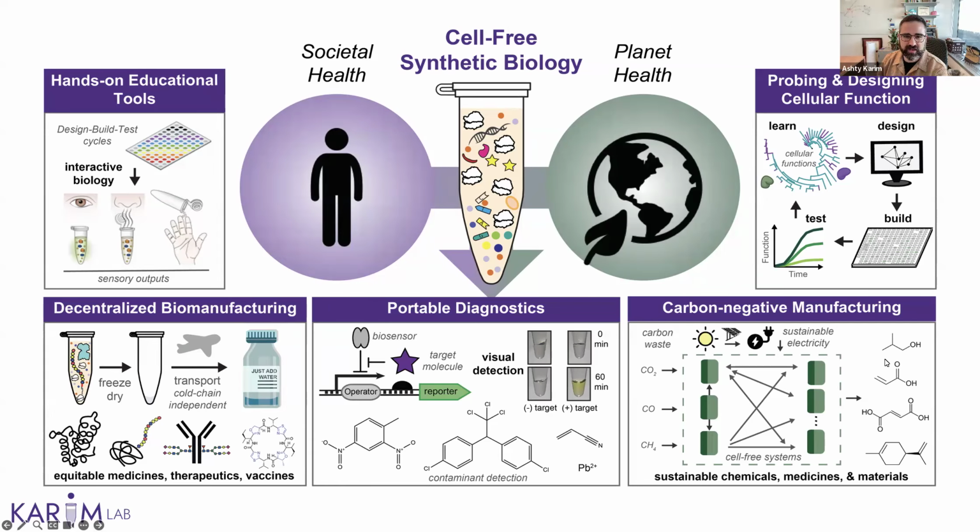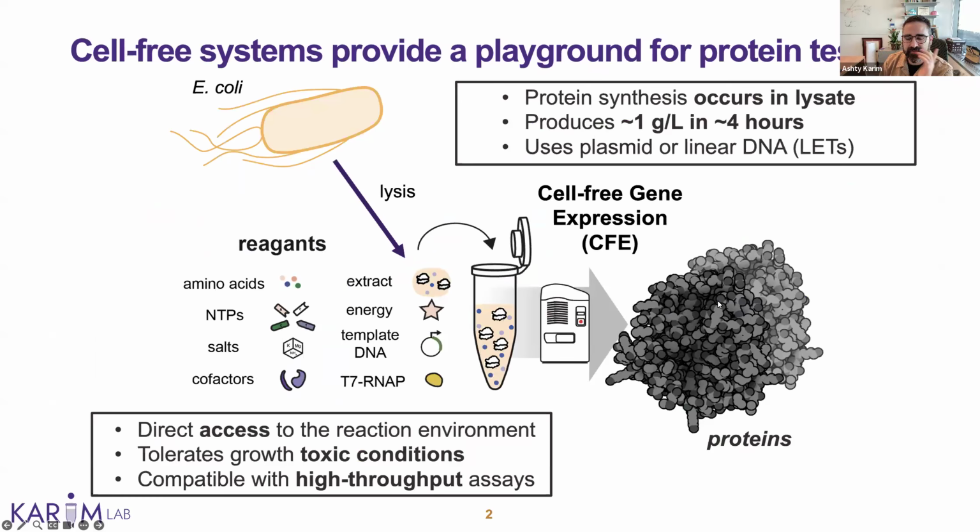And when we think of these cell-free systems and where they originated, one of the powerful things about cell-free systems is that we can power transcription and translation in vitro. So the idea is we take E. coli, grow it up, break it open, removing cellular debris and genomic DNA, and we're left with an extract.